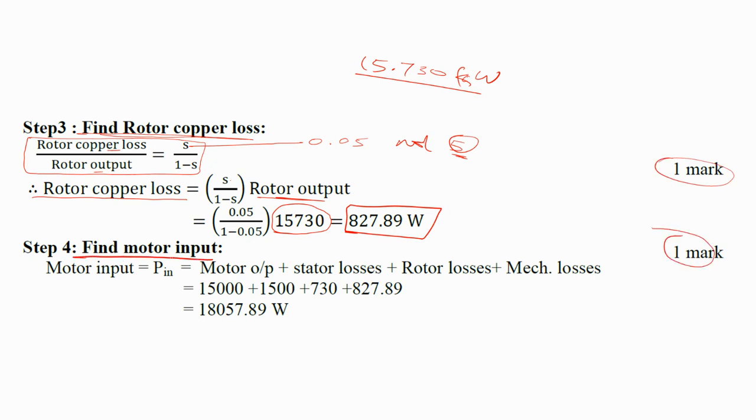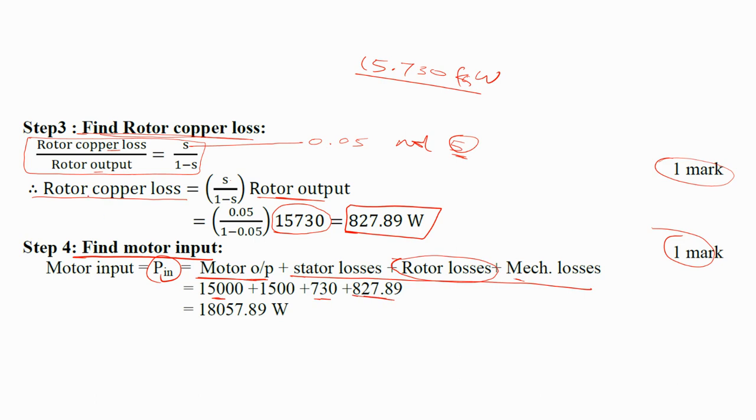Now step number 4, that is motor input. Motor input is nothing but the motor output plus all losses. Motor output we have 15,000, that is 15 kilowatt. Stator losses are given, that is 1500, the mechanical losses are 730 watt, and the rotor copper loss is 827.89.